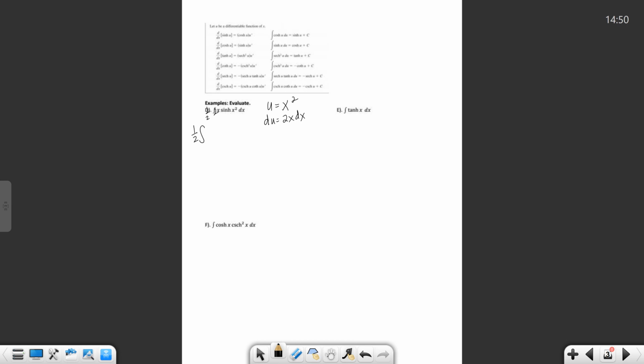So I get 1/2 integral of hyperbolic sine of u, and then I have everything I need for du. Integrating that hyperbolic sine u, you can see that it integrates as 1/2 hyperbolic cosine u plus c, and don't forget to switch back to x: 1/2 hyperbolic cosine of x squared plus c.